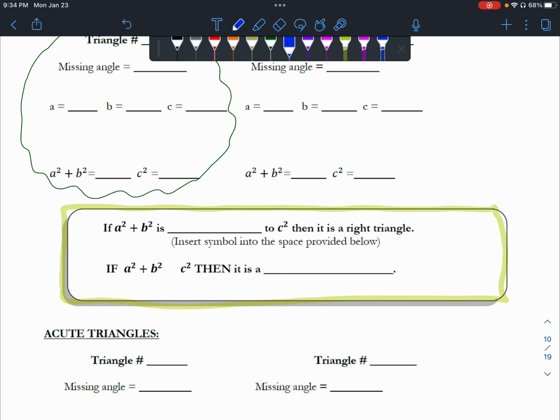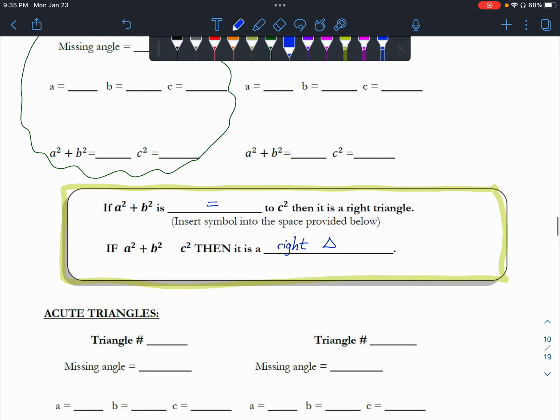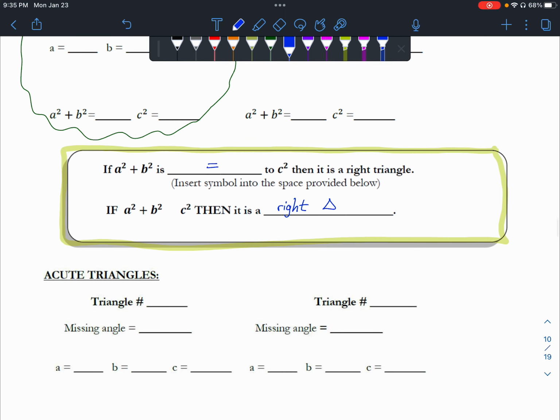Those major takeaways, again: if we recognize that a squared plus b squared is exactly equal to c squared, we have ourselves a right triangle. It is proven. On the other hand, we had some acute triangles. The one that we talked about specifically was triangle number 2.